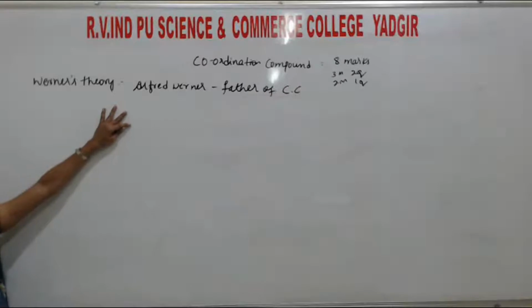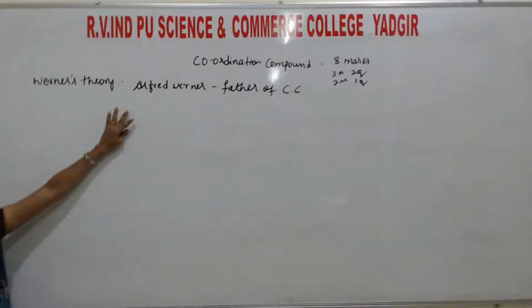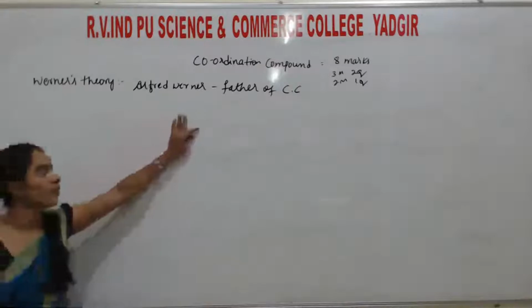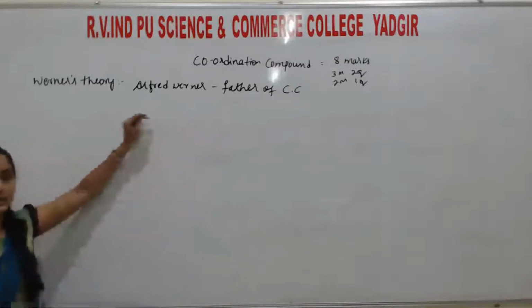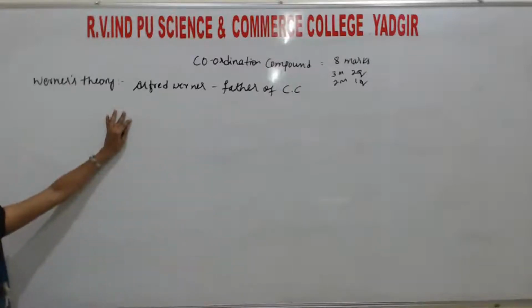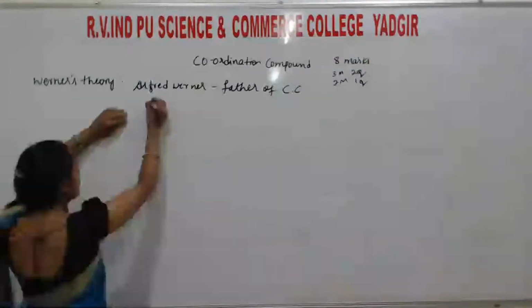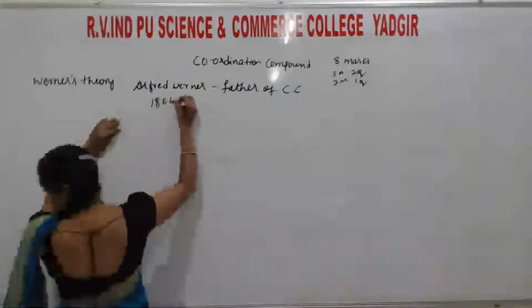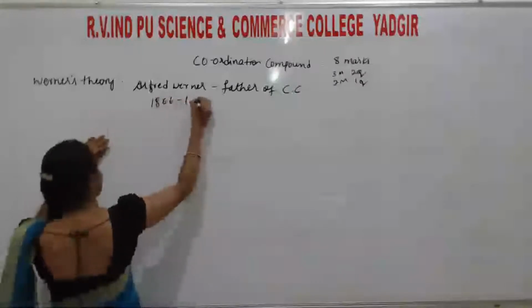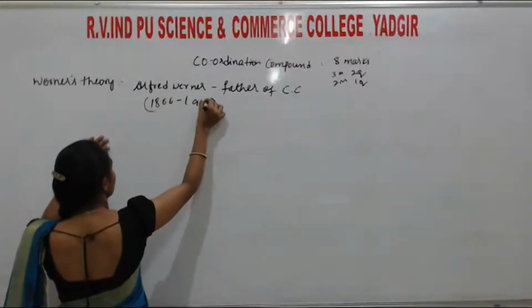Alfred Werner was named the father of coordination compounds because he was the first scientist who studied that type of compound, from the year 1866 to 1919.